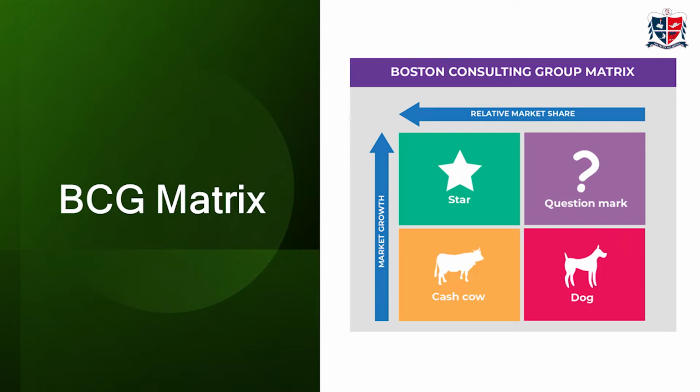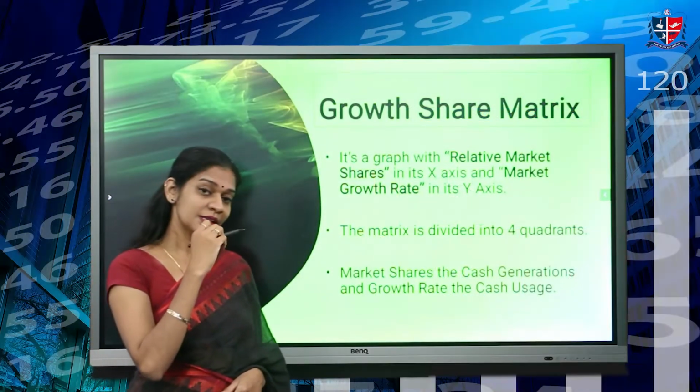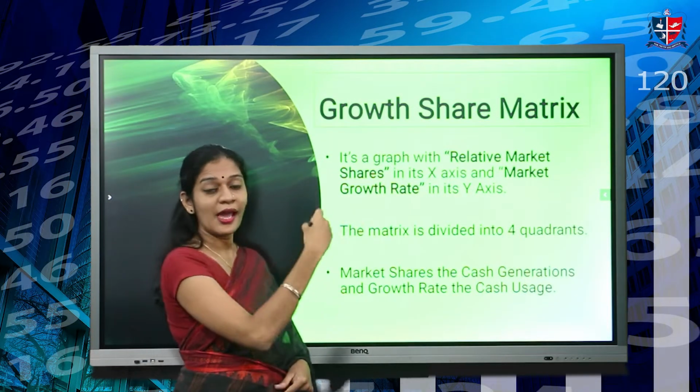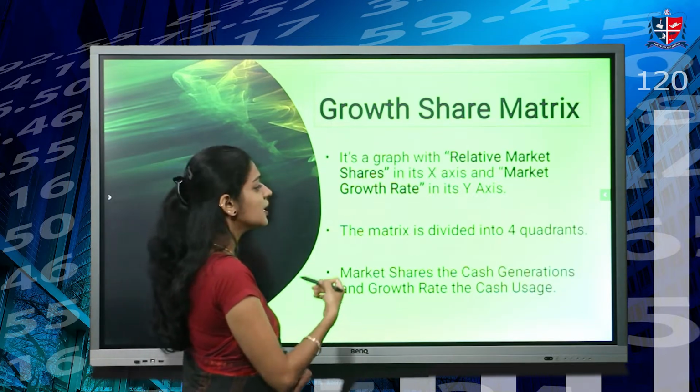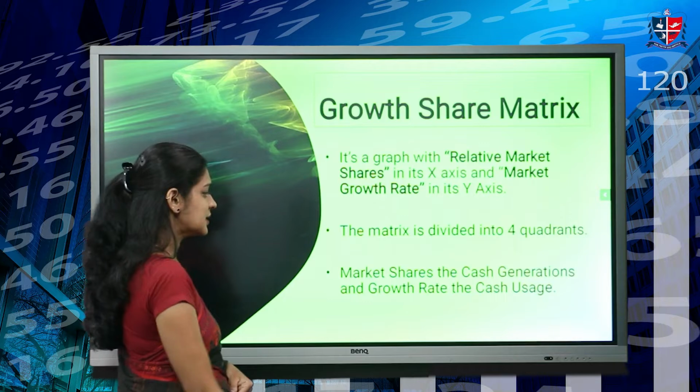And this graph is divided into 4 quadrants: star, cash cow, question mark, and dog.